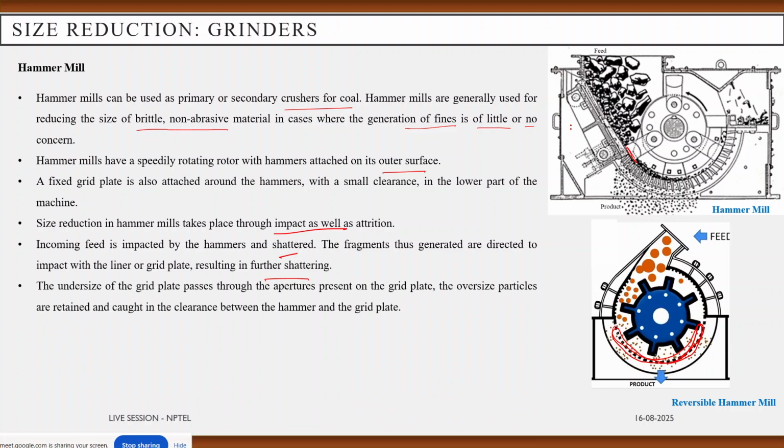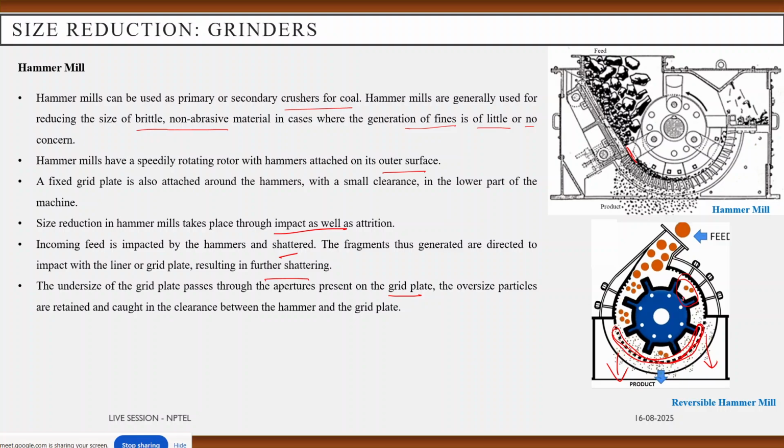So whatever is the undersize passes through the aperture present on the grit plate, it is collected, and the oversized particles will be retained on the grit plate, and they are caught in the clearance between the hammer and the grit.